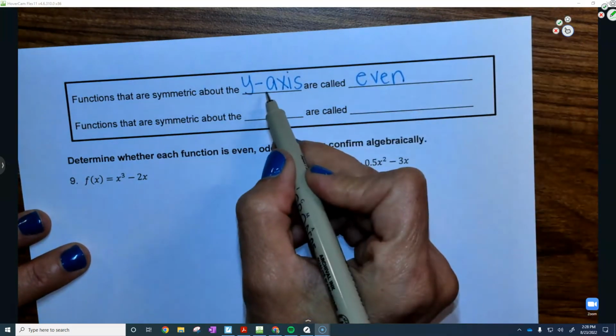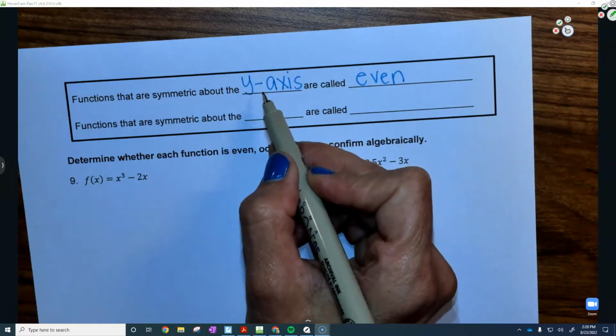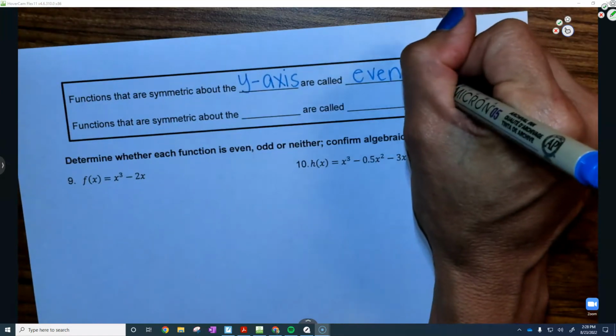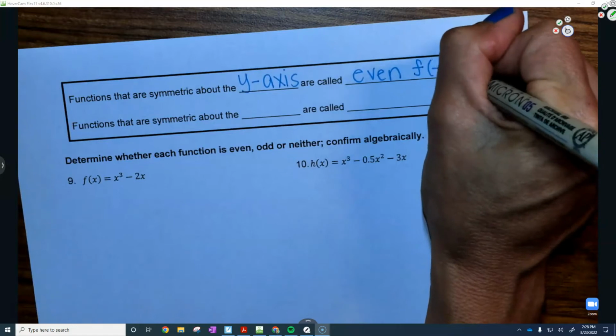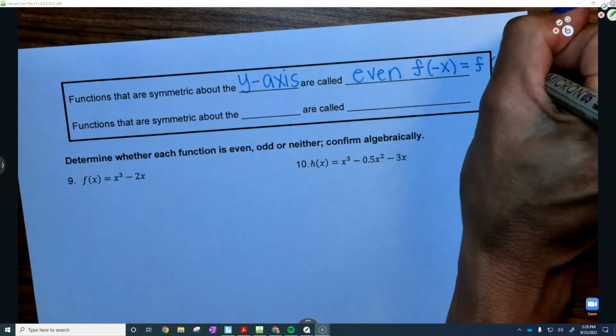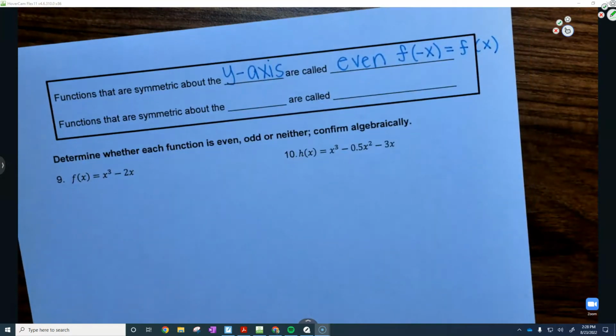And remember, to test for the y-axis, what do you change? What letter do you change? X. Right. So write this: when I plug in negative x and I get the original, it's even. When you end up with exactly what you started out with.